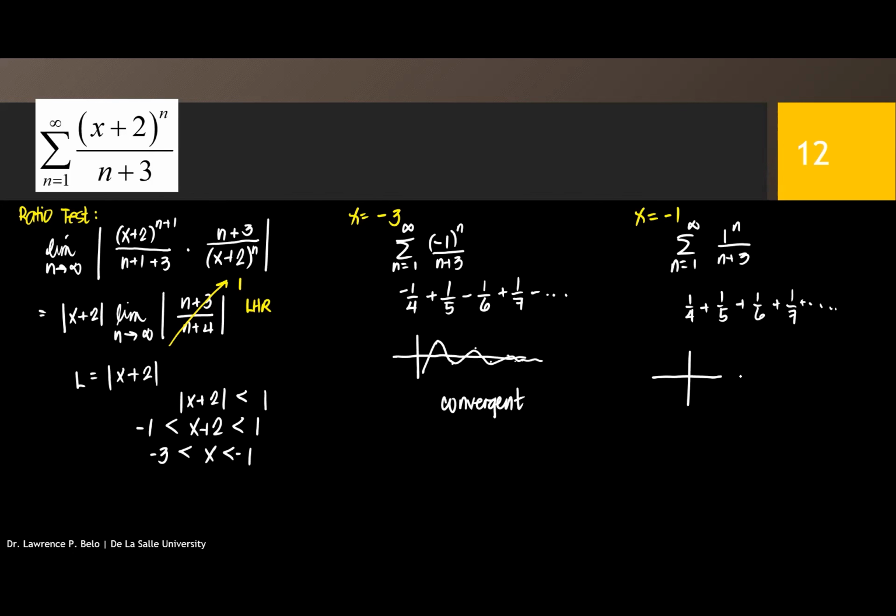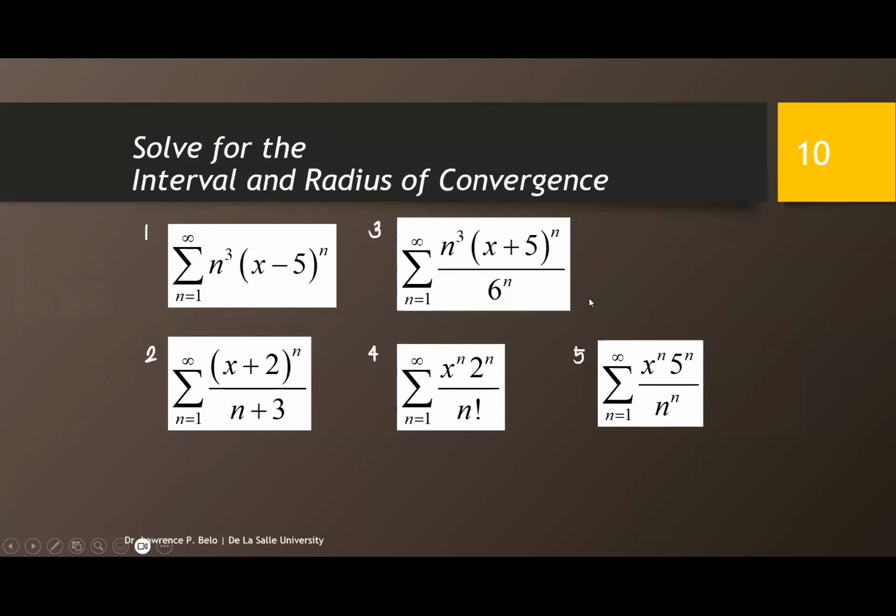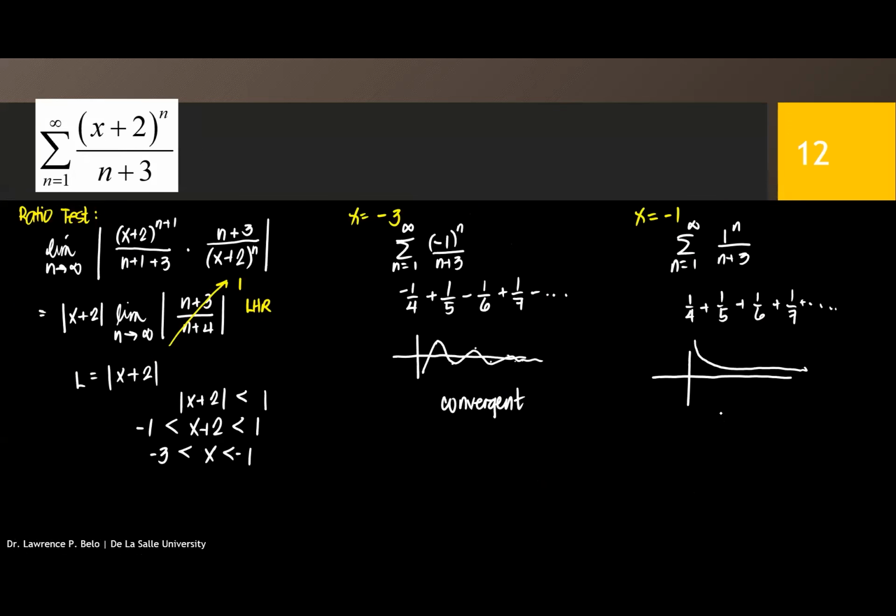So this one is divergent. Therefore, what is the interval? And what's the radius? What's the radius? It's negative 1 minus negative 3, over 2.